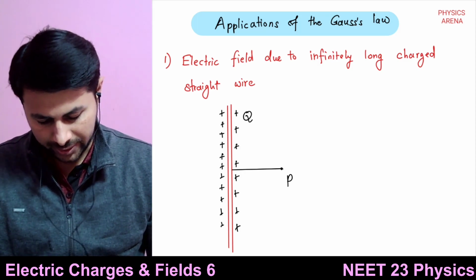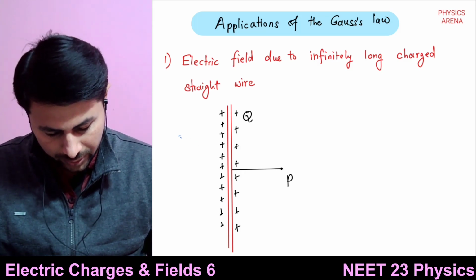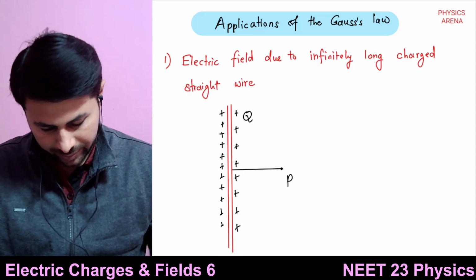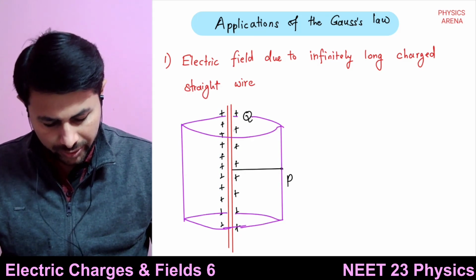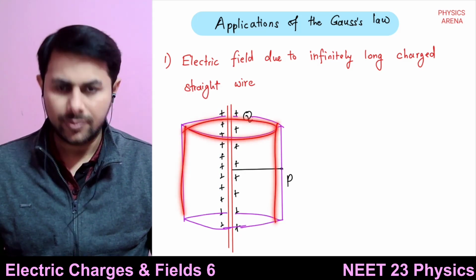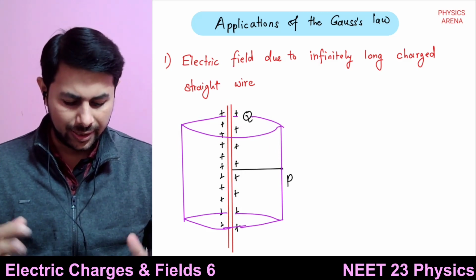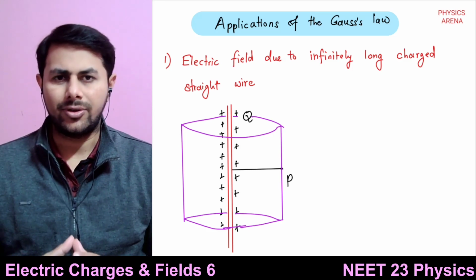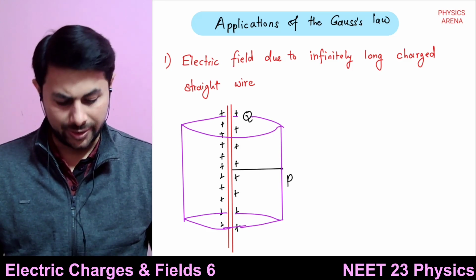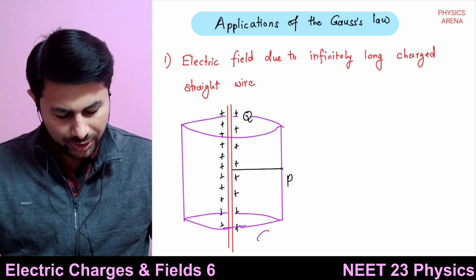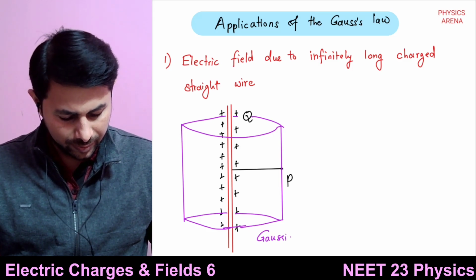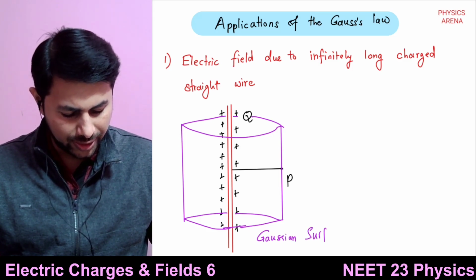So let us draw a cylinder, symmetric to the shape of this wire, drawn to apply Gauss's law. This is known as the Gaussian surface.